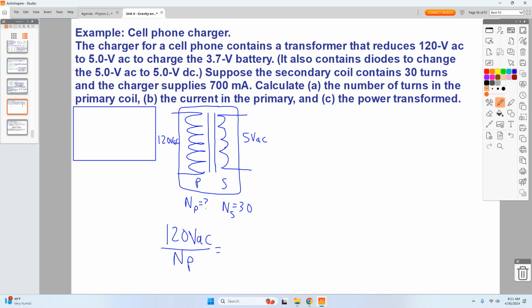That's going to be in the same ratio as 5 volts AC is to N on the secondary side. They have to be the same ratio. Now, if I set up that ratio and I know N secondary, could I solve that for N primary? It's pretty simple, right? Just proportional ratios there. So go ahead and just solve that for N sub P, and you should be able to get the number of turns. Once you have it, tell that person next to you.